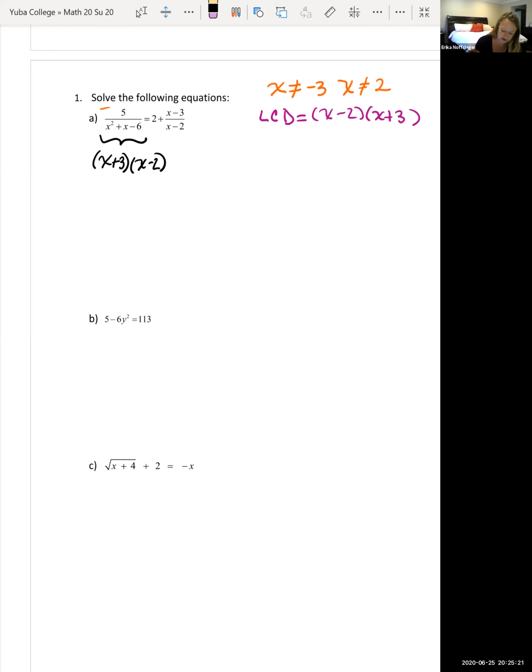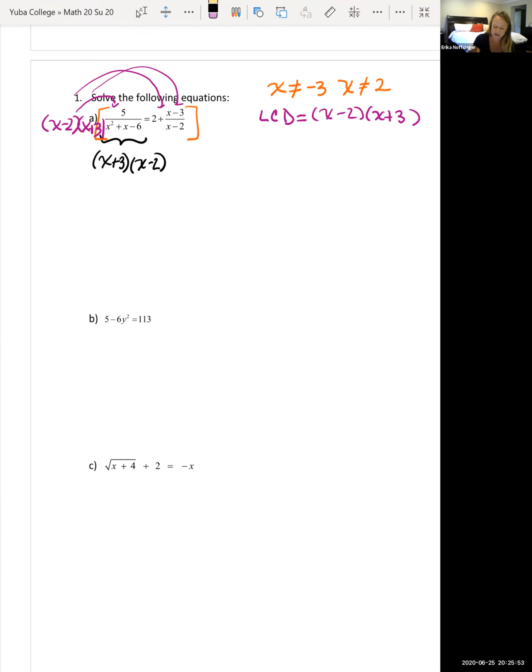So we're going to, like I said, again, we can clear our fractions just because it's an equation and not an expression. And so we're going to multiply by that LCD we found to be x - 2 times x + 3. So we have to distribute it to each grouping on each side of the equation. And when we do that, the fraction pieces are going to cancel.